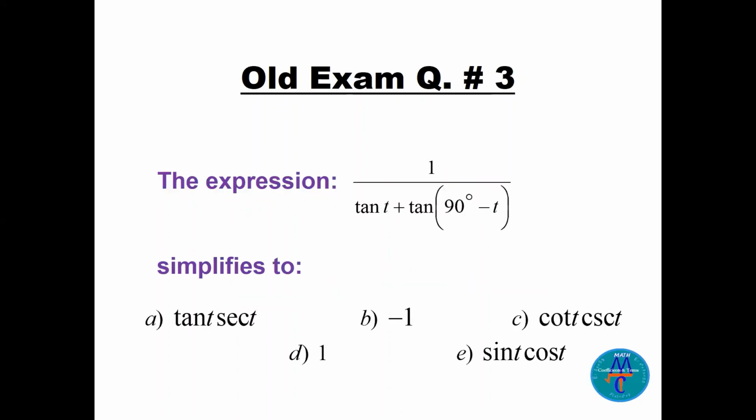And here we have 1 over tan t plus tan 90 minus t. So simplify all this. You will get either tan t secant t or minus 1 or 1 or cotan of t cosecant of t or sine of t cosine of t. One of these A, B, C, D multiple choice.